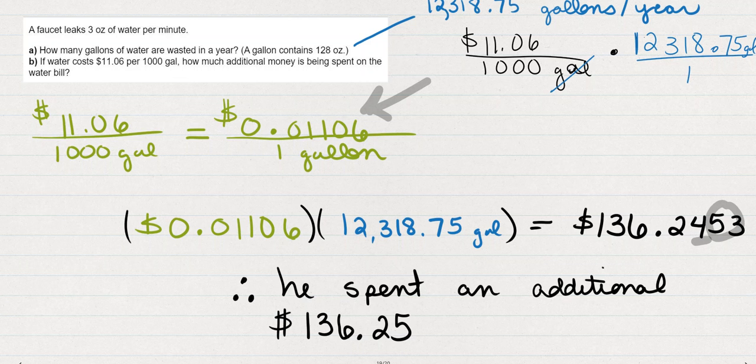Do you see how the gallons would have reduced the gallons? So this would have given us the same result. It's really doing the same thing. So you could have done it with this approach also. 11.06 times 12,318.75 divided by 1,000 would still give us 136.2453.